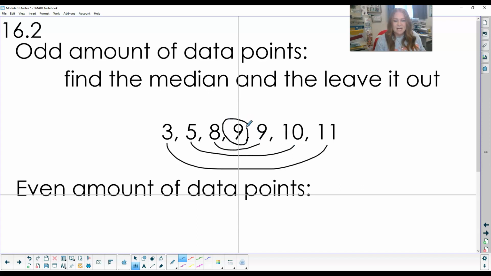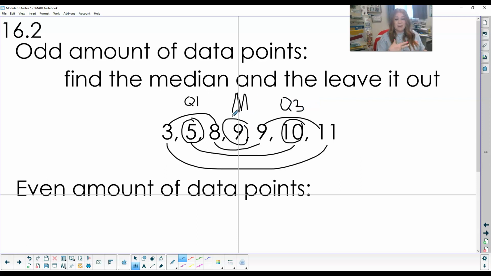So we have 9 in the middle, and then I would leave this out. So there's my middle. Then I'm finding my median here, 3 and 5. So my Q1 would be 5. Here's the median. And then 9 and 11 connect, and 10 would be Q3.